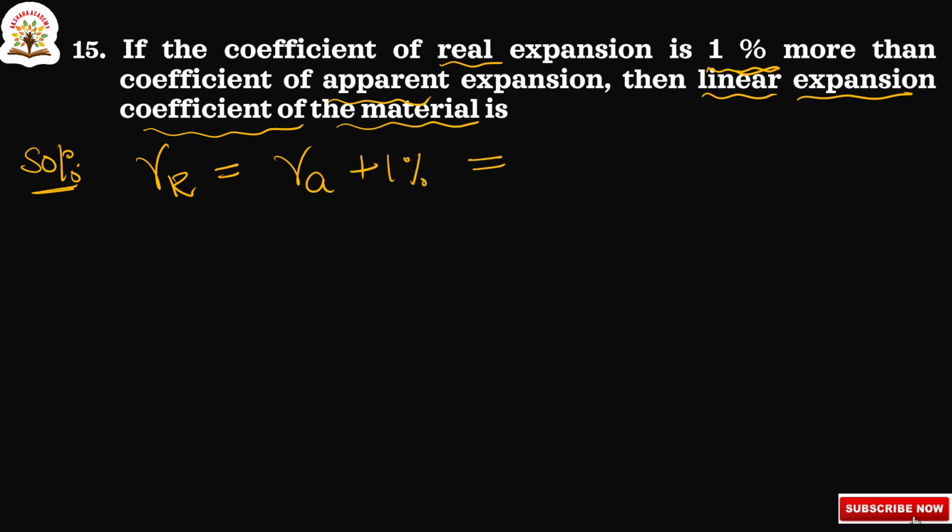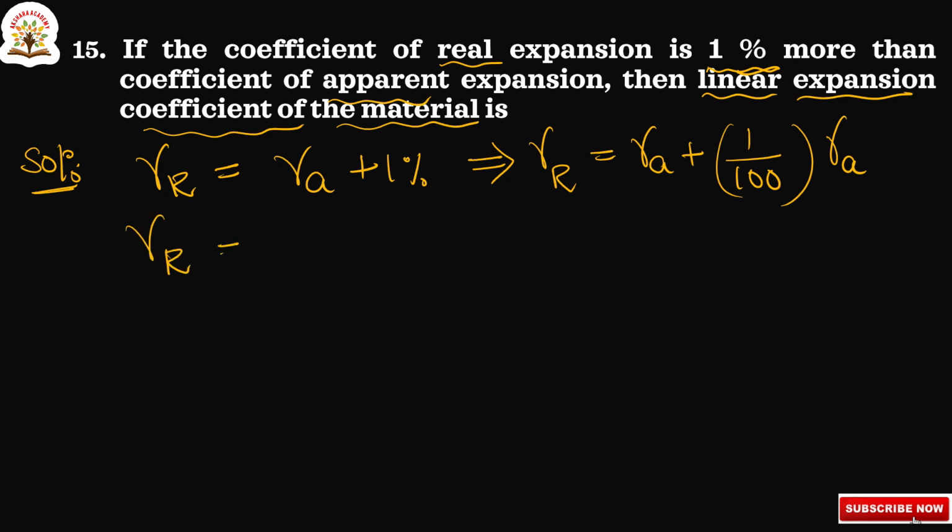So this can be written as gamma R is equal to gamma A plus 1/100 of gamma A. Taking LCM, 100 plus 1, 101.